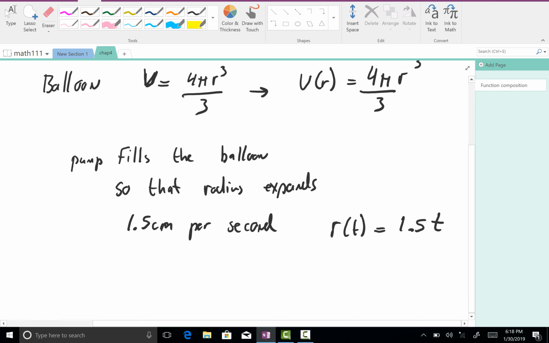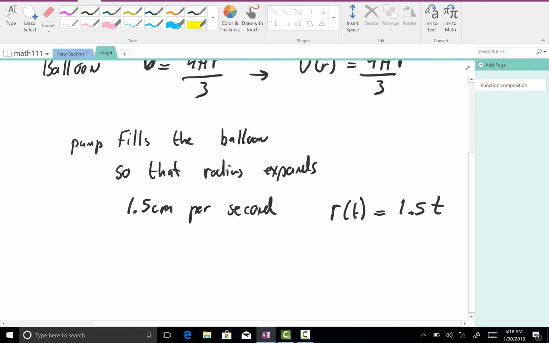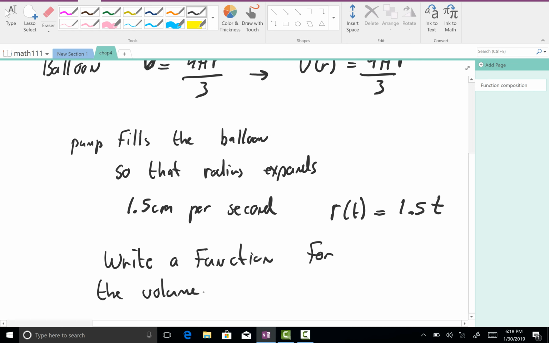So, what we want to do is write a function for the volume in terms of t, which is the time in seconds.